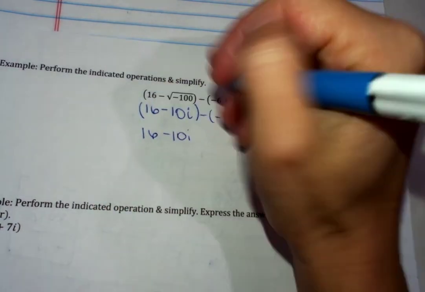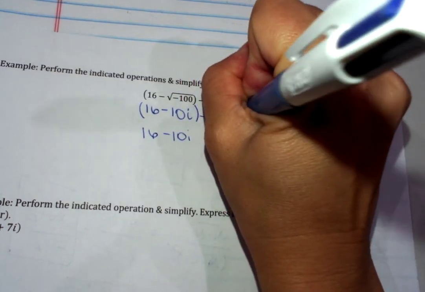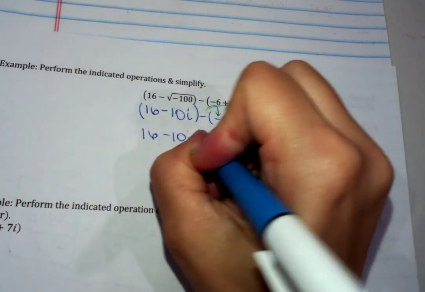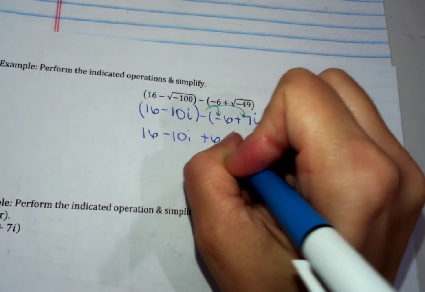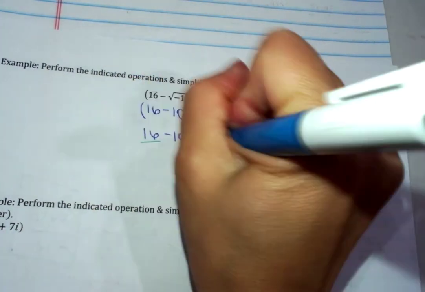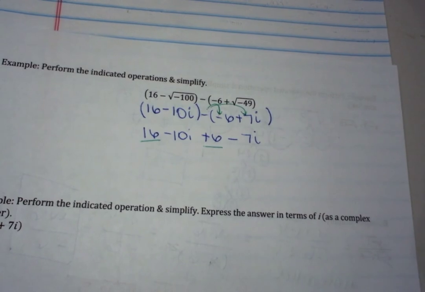Let's go ahead and distribute that negative that's out front of the second set of parentheses to both terms. So negative times a negative will give me a positive 6. Negative times a positive will give me a negative 7i. Combining like terms, 16 plus 6 will give me 22.